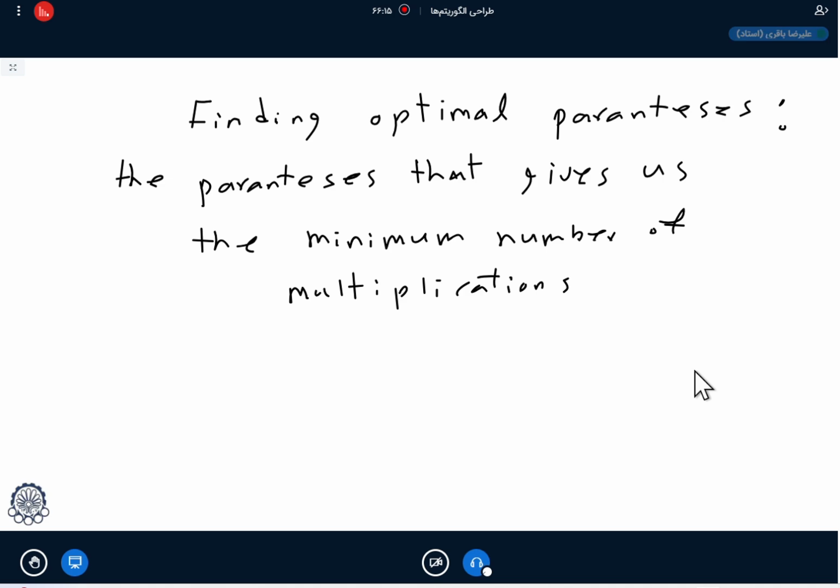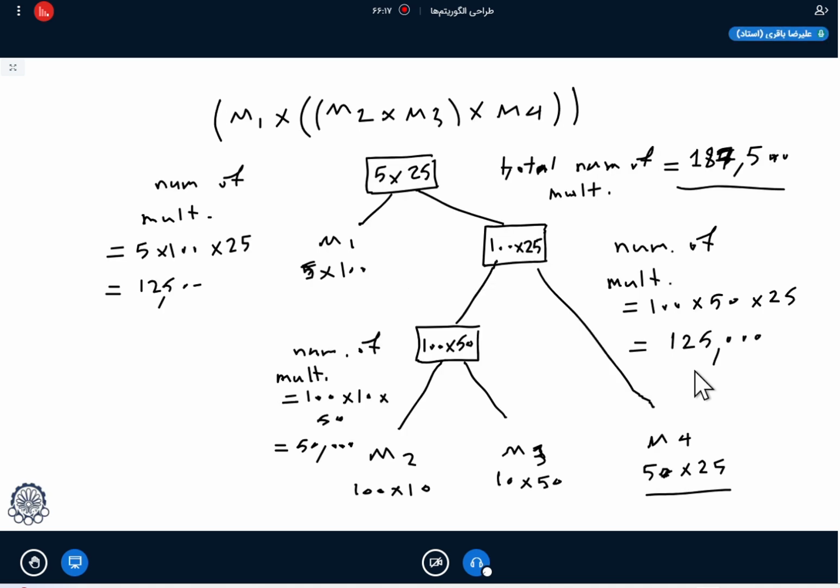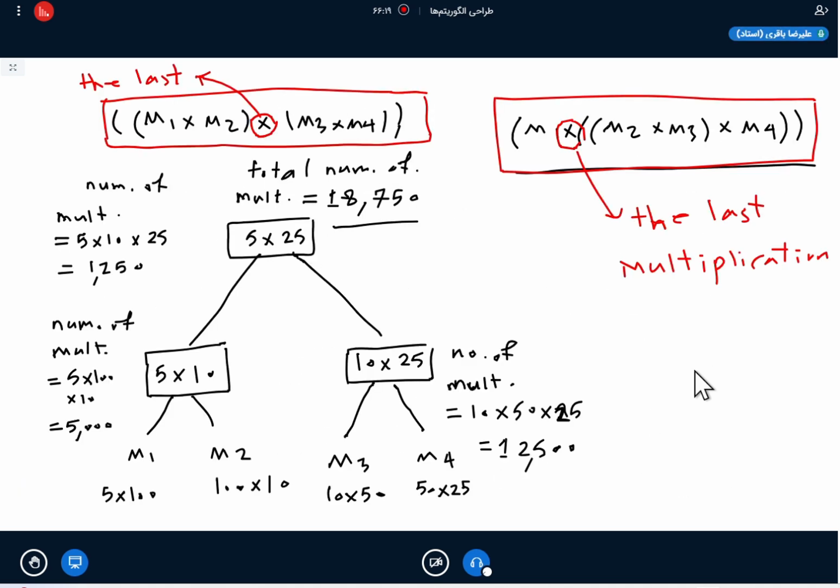What order is better? As you see in the previous slides, in slide 8 and slide 7, if we first multiply M1 by M2, then we multiply M3 by M4, and then we multiply the result of M1, M2 by the result of M3, M4, we get the left side parentheses.